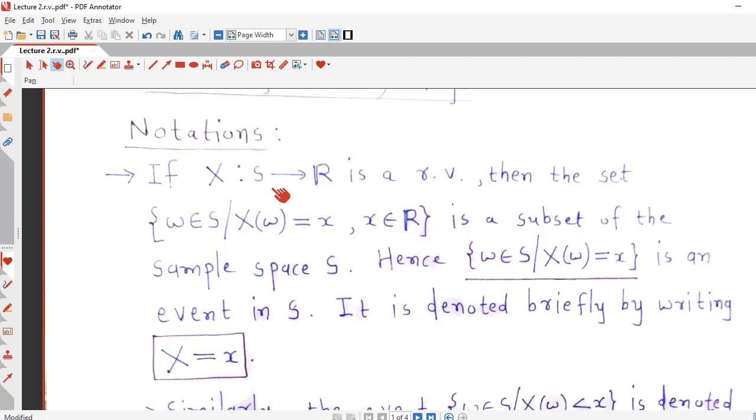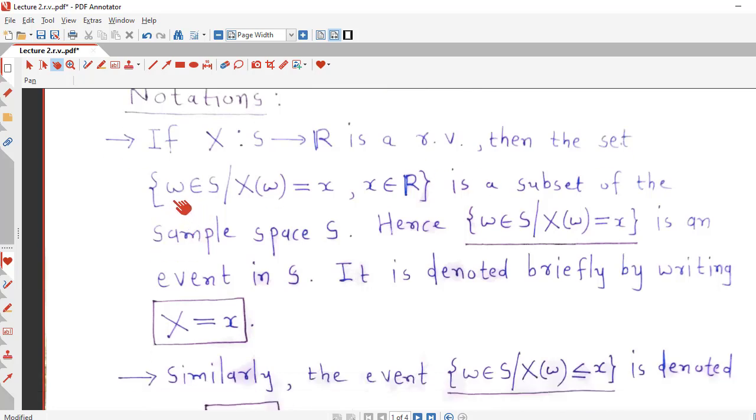So suppose X is a random variable where capital S is a sample space. Then consider the set of all outcomes in the sample space such that the value of the random variable is small x at those outcomes.